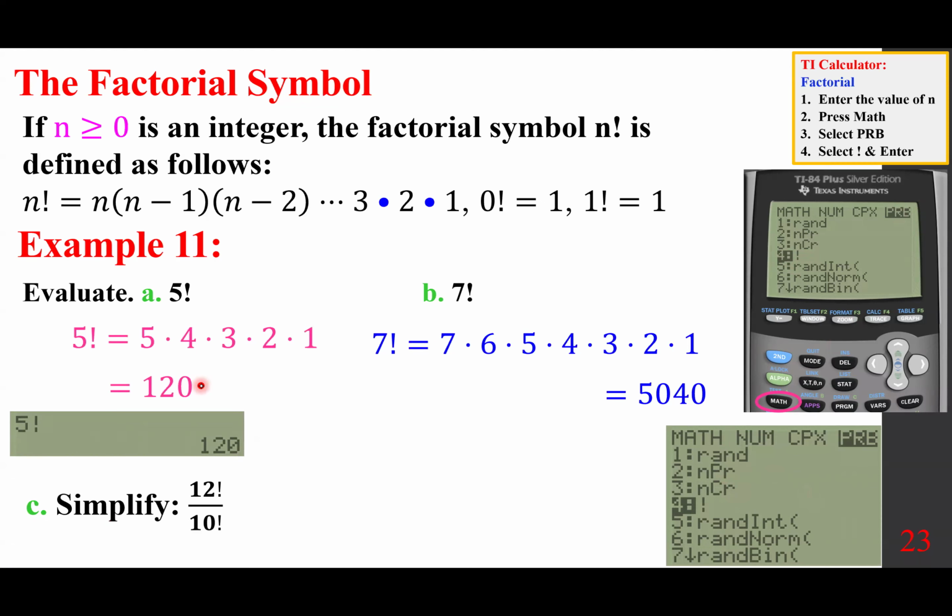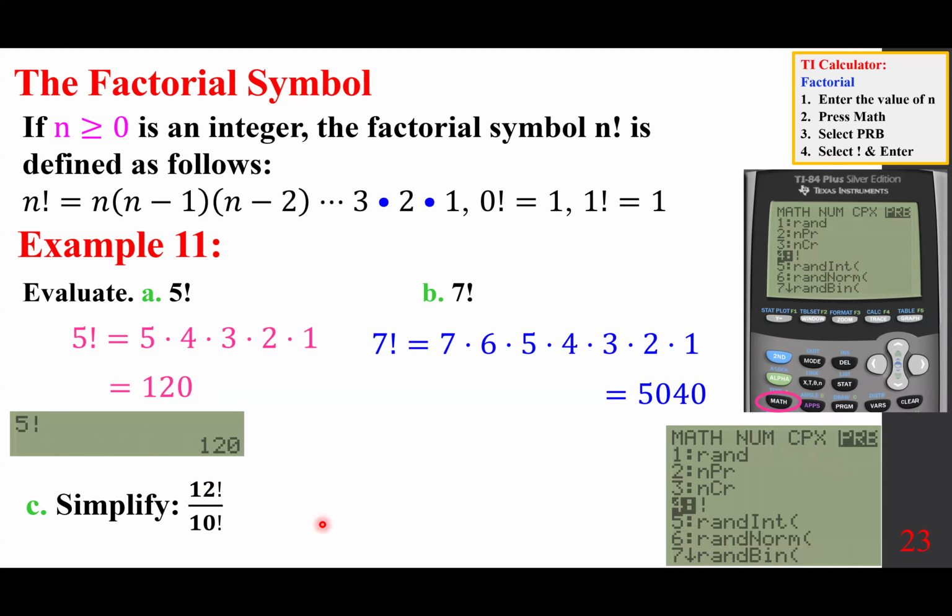Now, if we want to simplify, you could use a calculator, but can it be done without a calculator? I'll show you a fairly easy methodology for a case like that. When you want to do the division, you look at the bottom and the top, and you see that this one is larger. So this one is 12 times 11 times 10 times 9 times 8 all the way to 1.